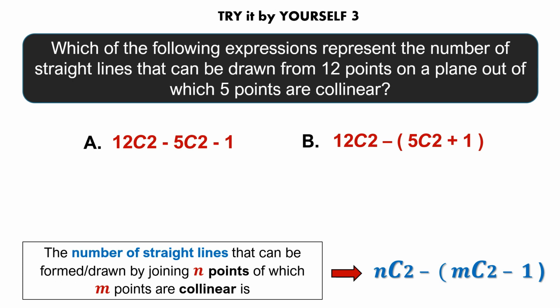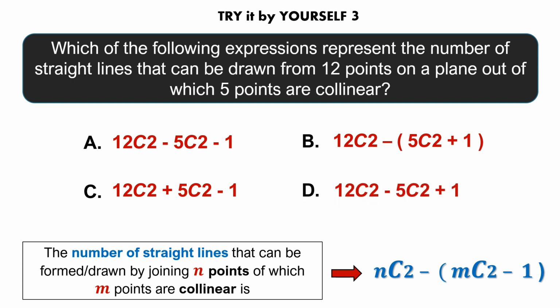Letter B, 12 choose 2 minus quantity 5 choose 2 plus 1. Letter C, 12 choose 2 plus 5 choose 2 minus 1. Letter D, 12 choose 2 minus 5 choose 2 plus 1. I'll give you a few seconds to solve for this.